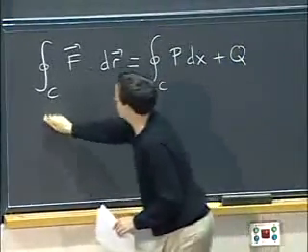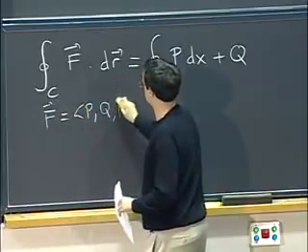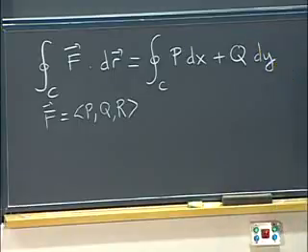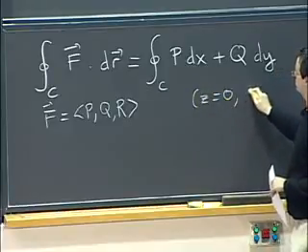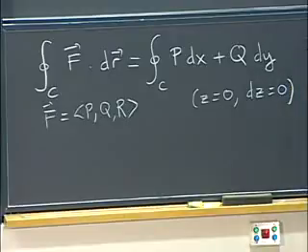I guess if I call the components of my field P, Q, and R, it will be P dx plus Q dy plus R dz, but I don't have any z here. dz is 0 on C. Okay, so if I evaluate the line integral, I don't have any term involving dz. Z is 0.